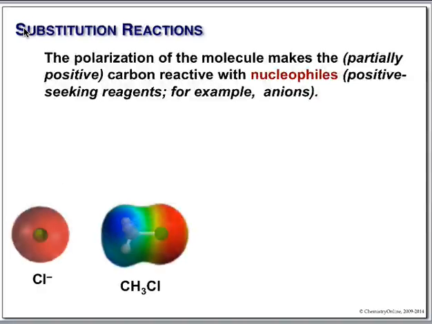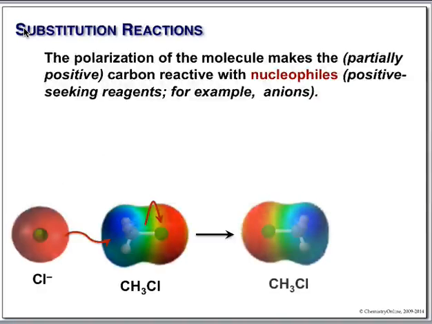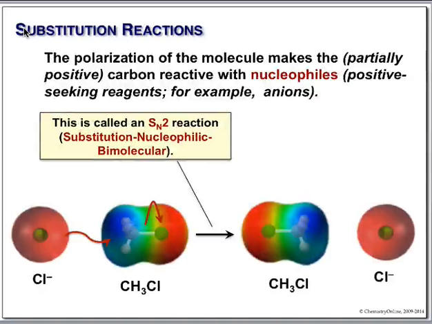As our chloromethane, what we're going to do is attack positive carbon. As we do that, we have to break the bond to our leaving group here. That will be a chloride also. We now have another molecule of chloromethane and, of course, chloride anion.